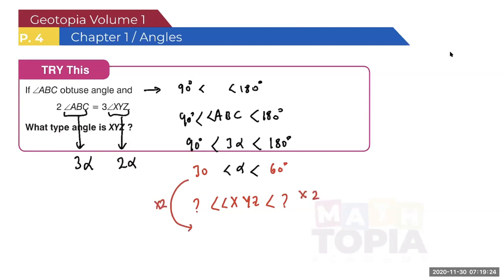So 60 to 120 degrees. Then what will be our conclusion? Well, as you can see, it could be an acute angle, it could be a right angle, or it could even be an obtuse angle. Yep, that is correct. All 3 are applicable.